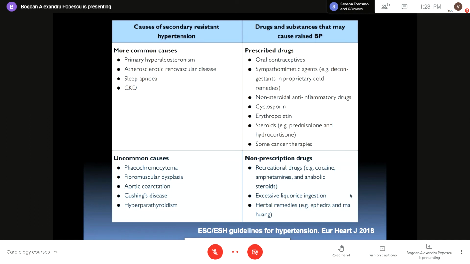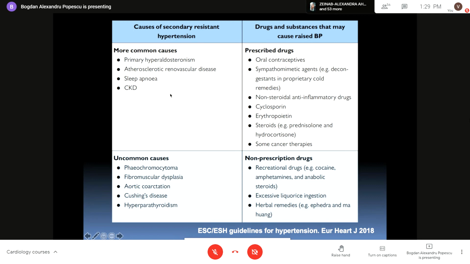And then if it's truly resistant, you think of some causes and you think of some situations that may keep blood pressure high and lead to resistant hypertension. I told you, sleep apnea, chronic kidney disease, undiagnosed renal vascular disease, these we already discussed.